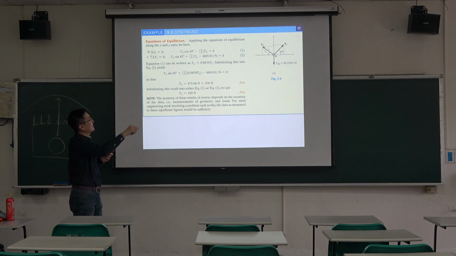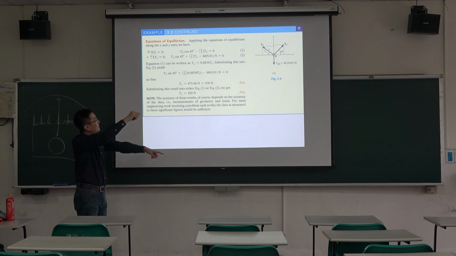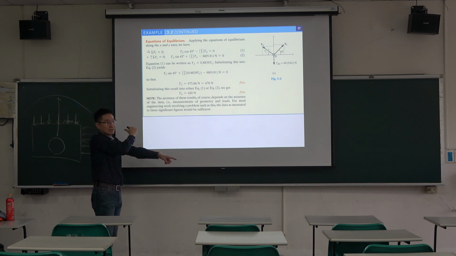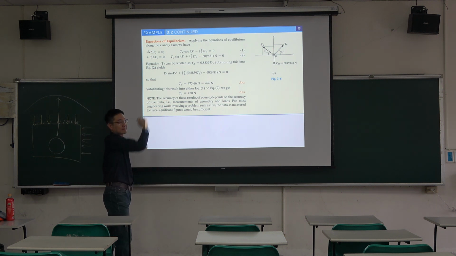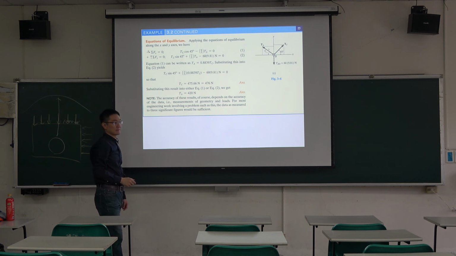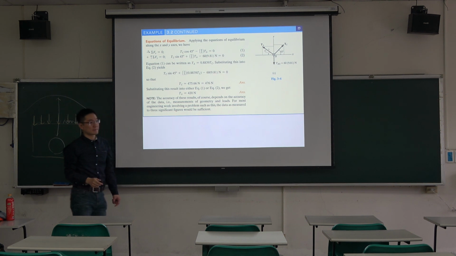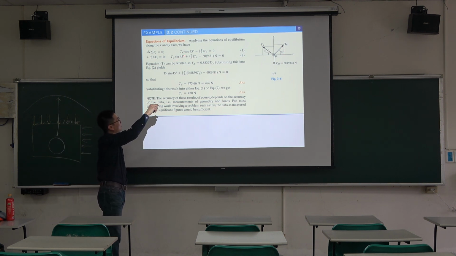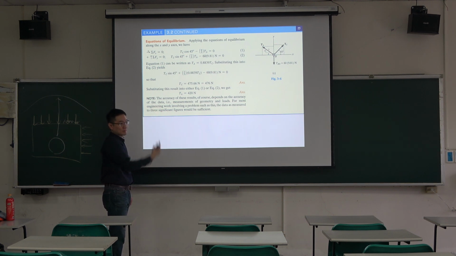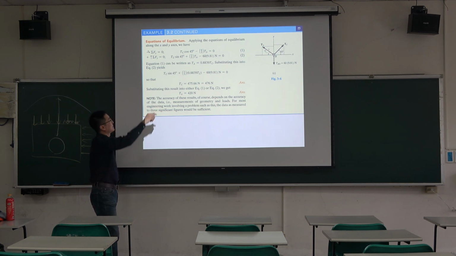For TC, cosine 45 degrees, toward right, so it's positive. And for TA, follow this ratio, but it's toward left, so it's negative. It should achieve 0. Then for the vertical component, TC sine 45 degrees, upward, so positive.